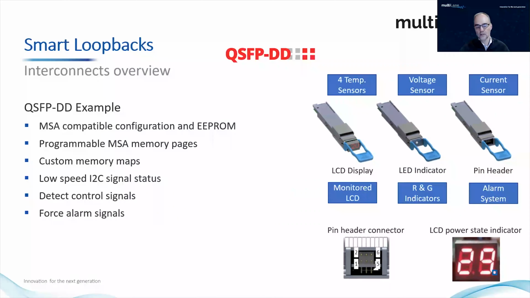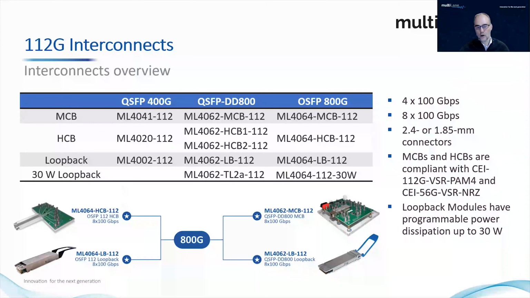We mentioned already that the next generation of speeds is around the corner. So this is 800G, and it's really based on a single channel of 112 gigabits per second. So here's an overview of all the solutions that we have already available. It's the MCBs, the HCBs, and also loopbacks for the different standards.